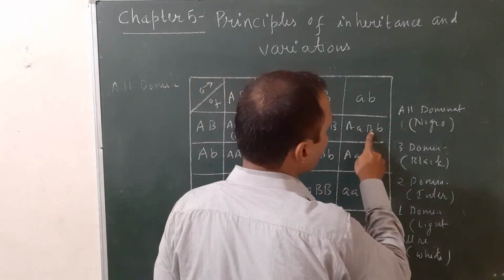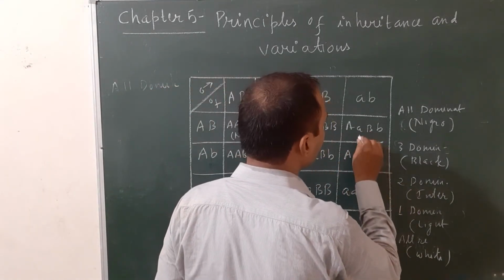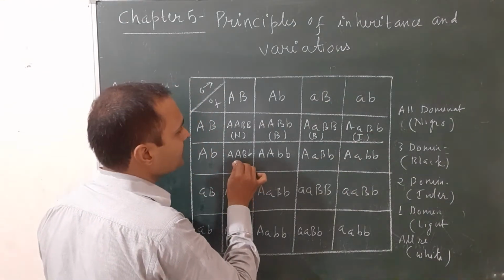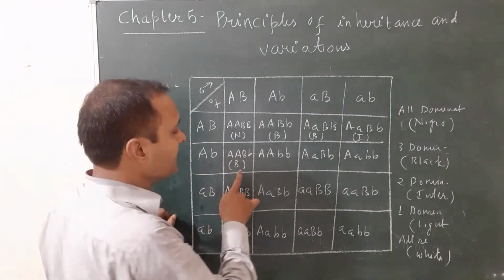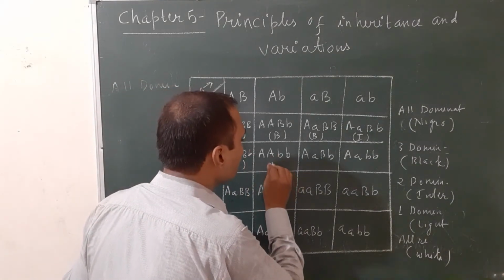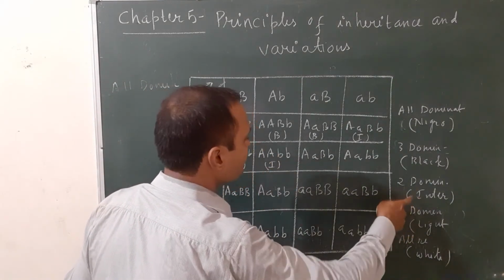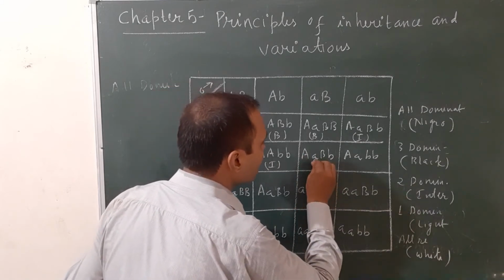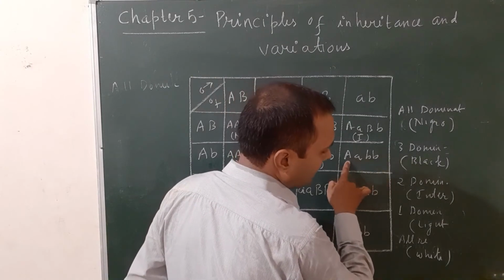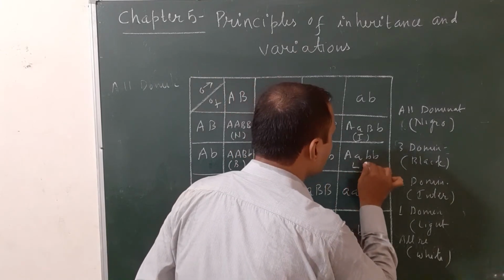In this case, two dominant, so it will be intermediate. In this case, three dominant, then it is again black. In this case, two dominant, intermediate. And here two dominant again, intermediate.